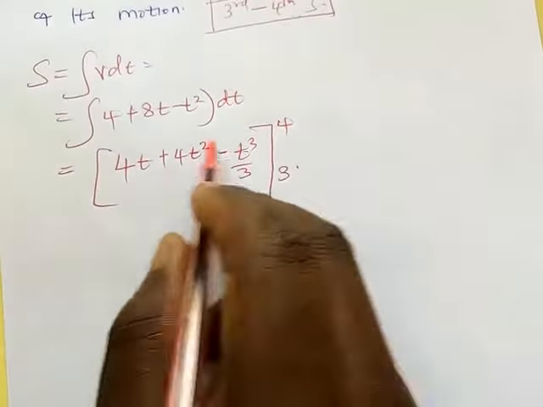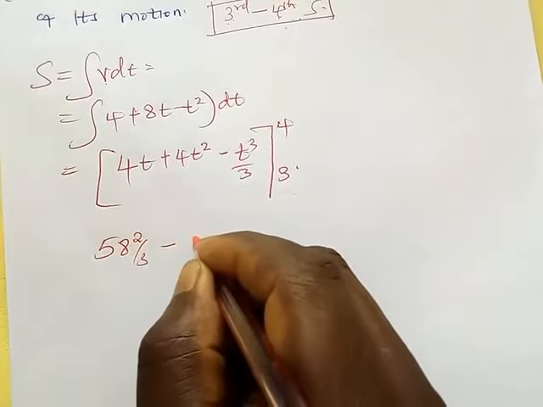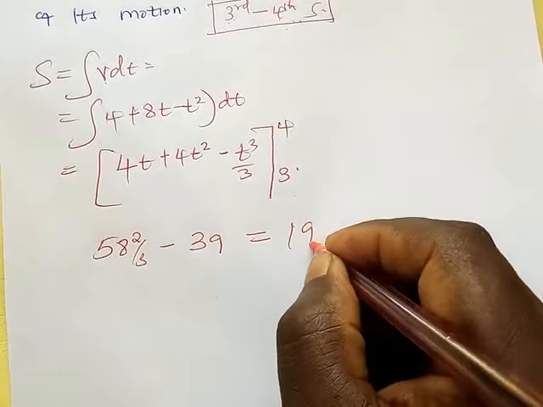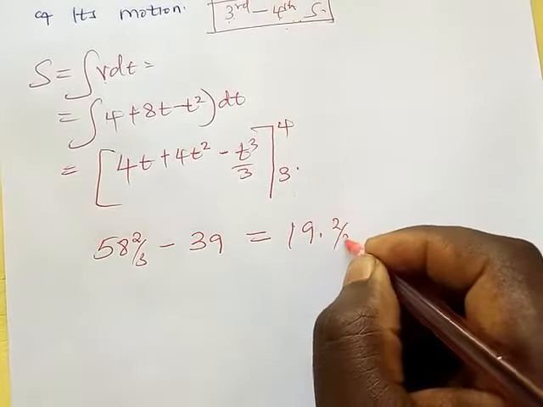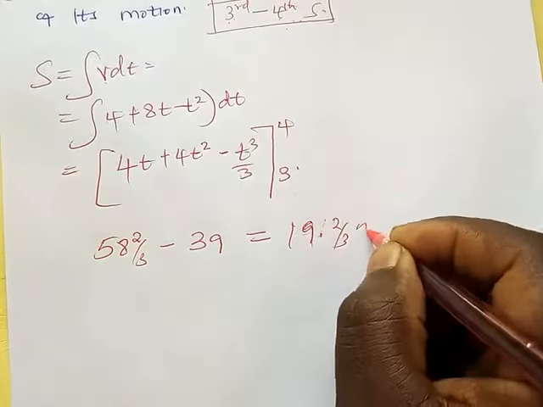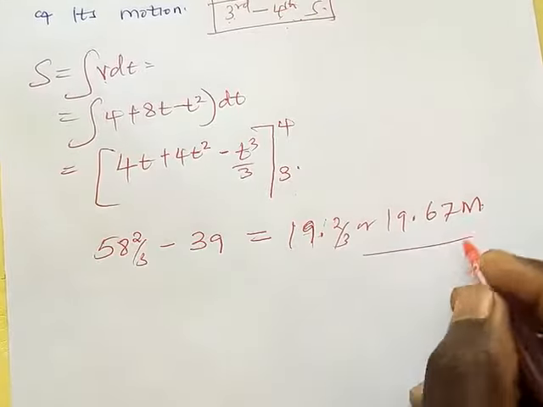When you substitute everything here, you get 58 2/3 minus 39, and that is going to give you 19 2/3, or 19.67 meters.